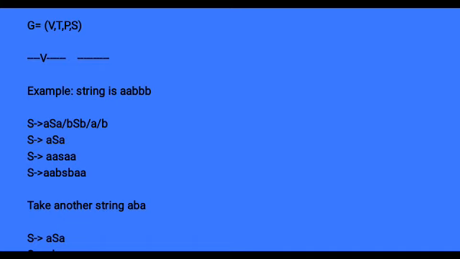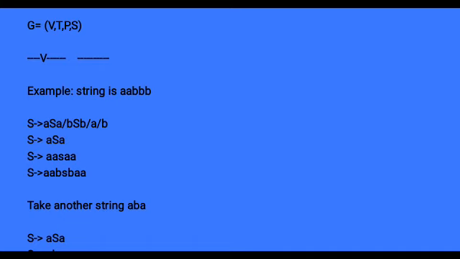I am just giving a briefing. If you have any doubts, call me. Now I am proceeding. S tends to ASA, S tends to BSB, S tends to A, S tends to B. Here S is the starting symbol, you know all.